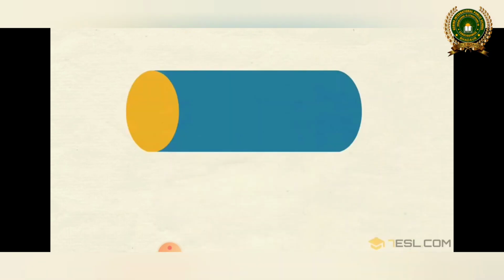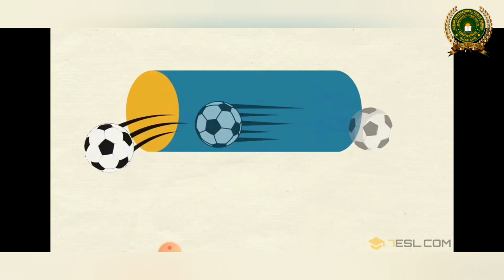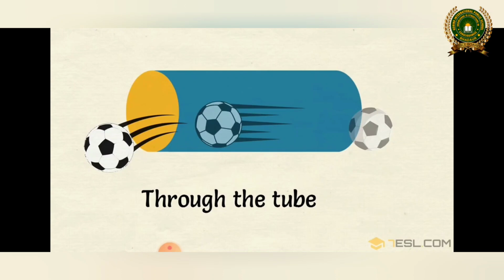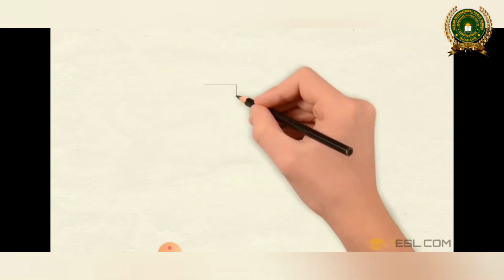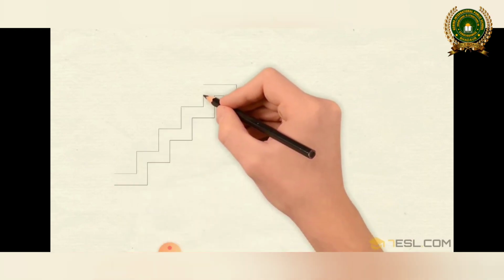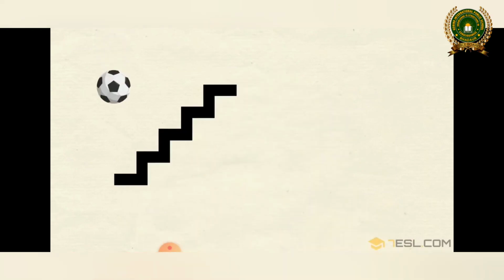See, this is an enclosed space. When something passes into it, this is called through. From one end to the other of the enclosed space, there we will use through the tube. Here we will show movement up to down and down to up. So the ball is down now.